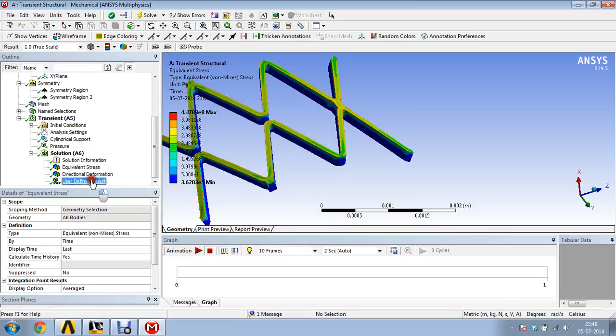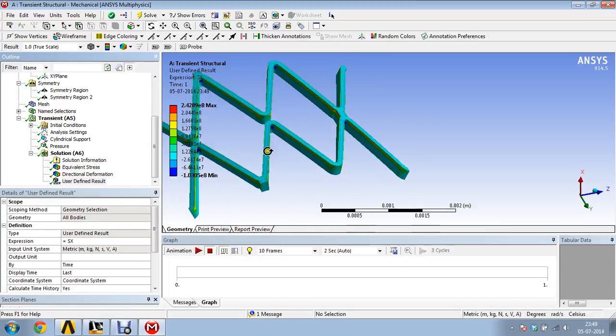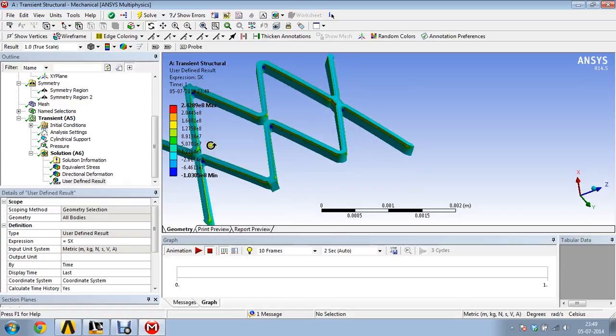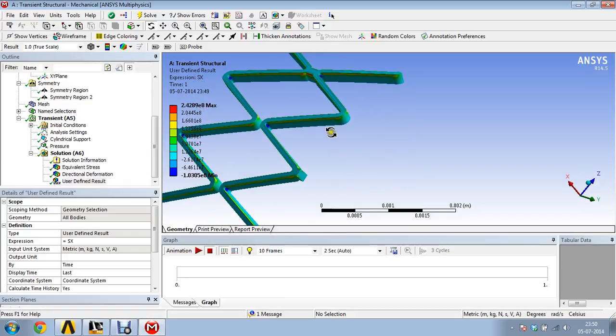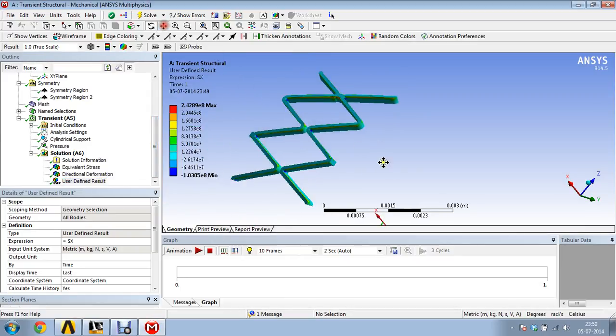So we can have user defined results, and we observe that they are in synchronization with what we expected. So we'll run the simulation and let us see what happens.